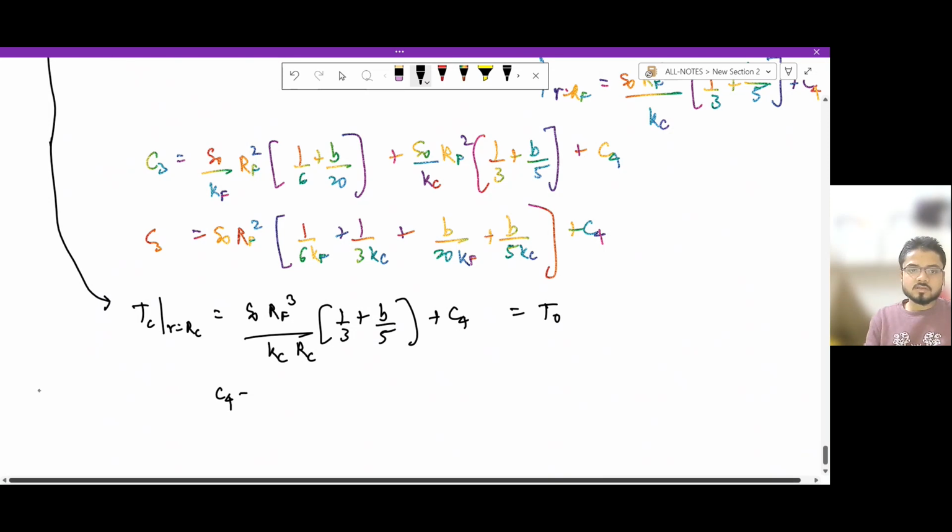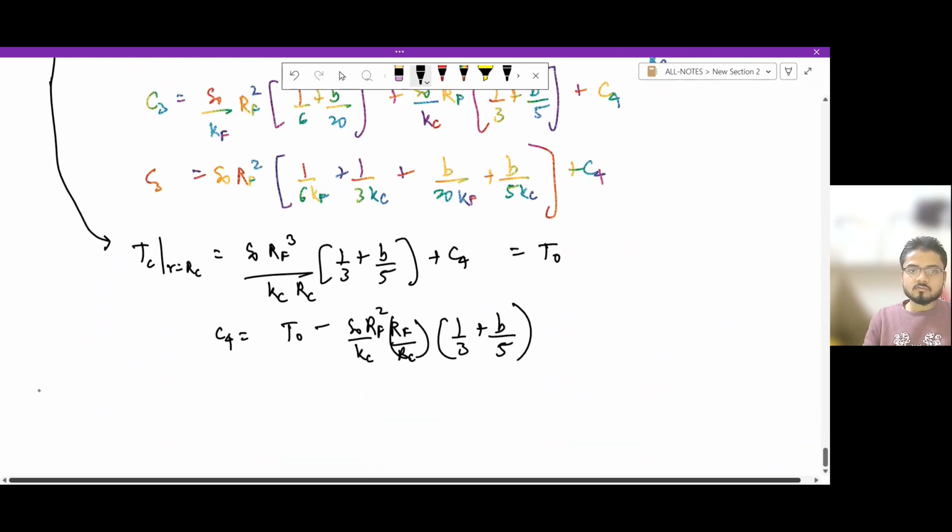So you can always write C4 would be equal to T naught minus S naught by KC, RF by RC, and RF squared is a common factor, right? 1 by 3 plus B by 5. Makes sense, right?